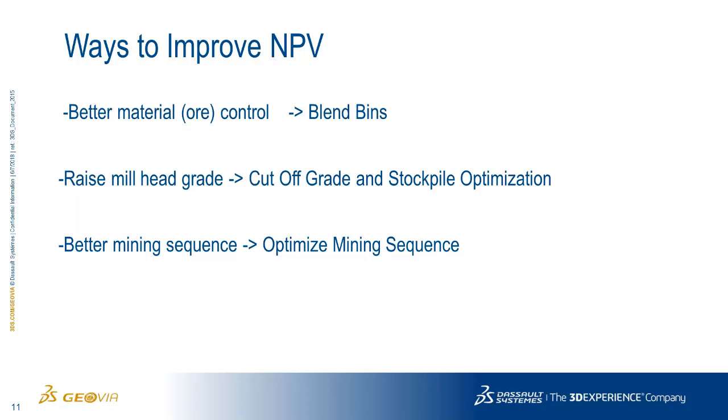And lastly, obviously, finding the best mining sequence possible. Optimizing that is going to help get not only enough tons of ore and maintaining the best possible stripping ratio, but also raising that grade in conjunction with the cutoff grade and stockpile optimization. So those are the main levers we're going to be using to improve the NPV. And we're just going to talk briefly about each one of those as it relates to SIMO.